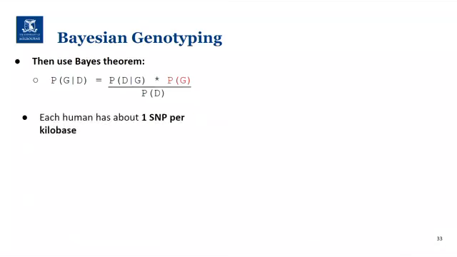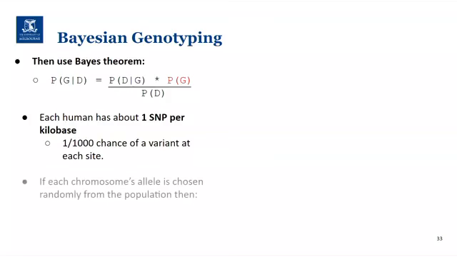And for instance, considering each human has one SNP per kilobase, one variation every 1,000, we have a 1 in 1,000 chance of a variant at a given site. So it's definitely not random. And if each chromosome's allele is chosen randomly from the population, then if we just have one, we have 1 in 1,000. To have two is actually 1 in a million.